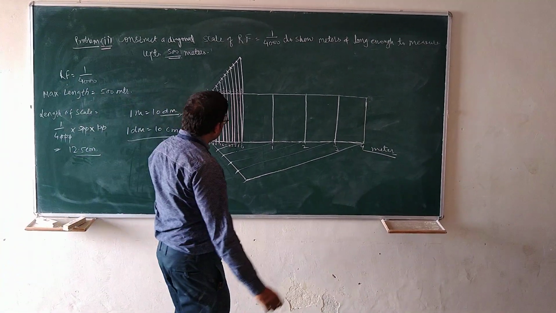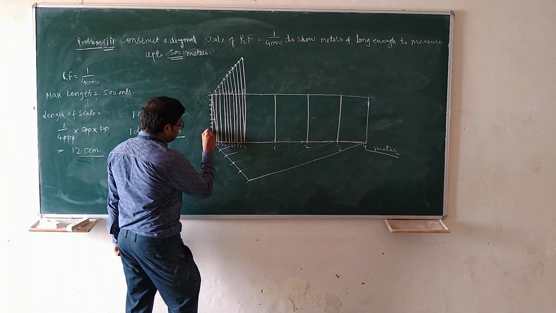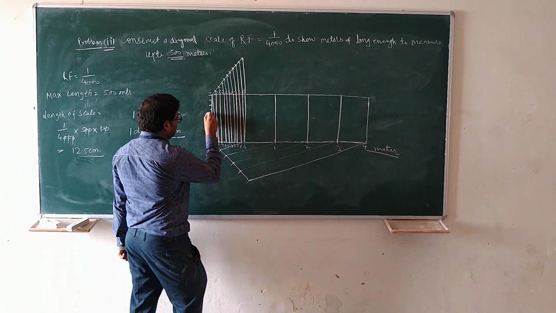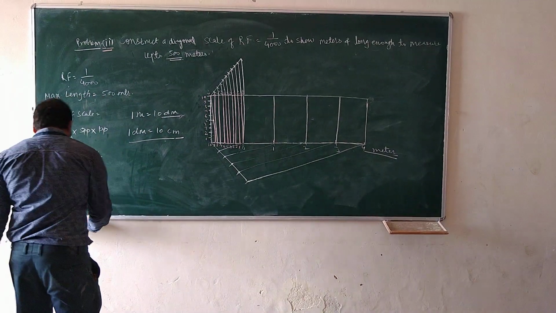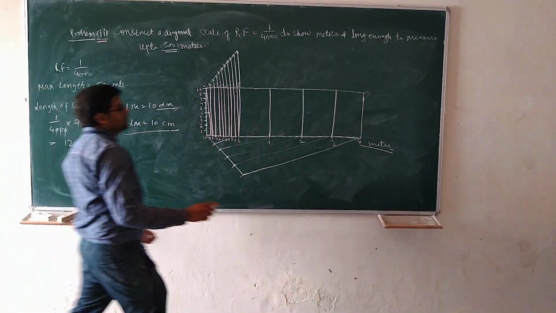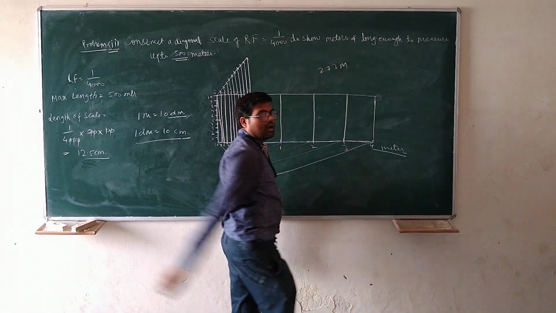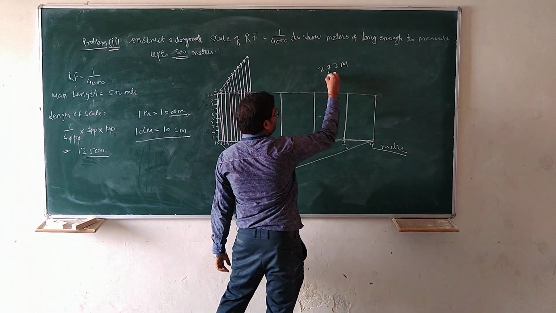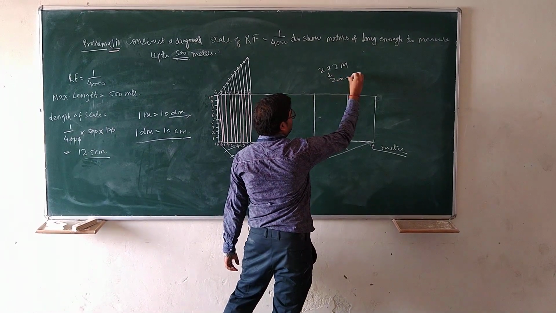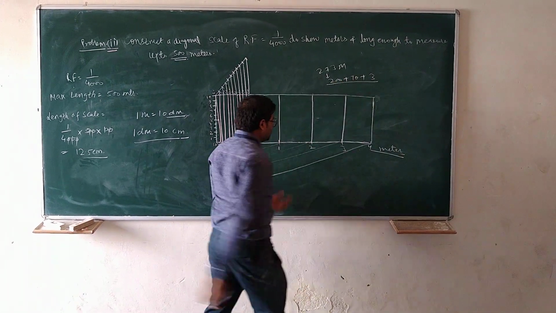Suppose we will mark here also 1, 2, 3, 4, 5, 6, 7, 8, 9 and 10. Suppose we have to measure 273 meters. How will you measure? So we have to divide it as 200 meters plus 70 plus 3.